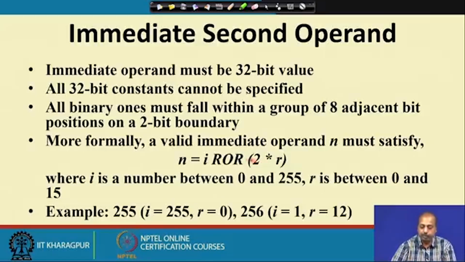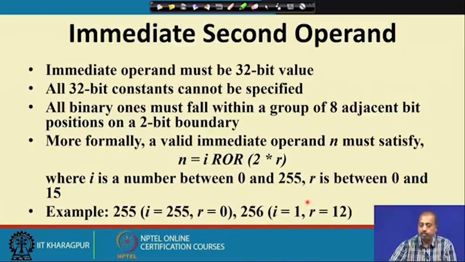For example, the number 255 you can represent in this format, because you can take I equal to 255 and r equal to 0, that is fine. Similarly, you can also represent 256, because I can take I equal to 1 and r equal to 12.